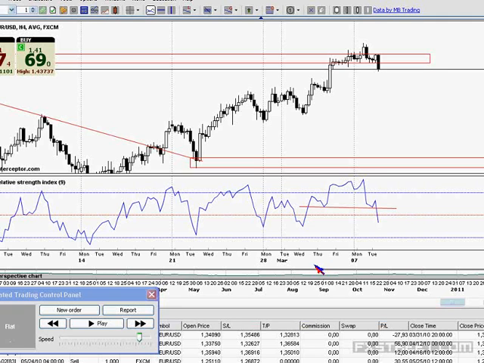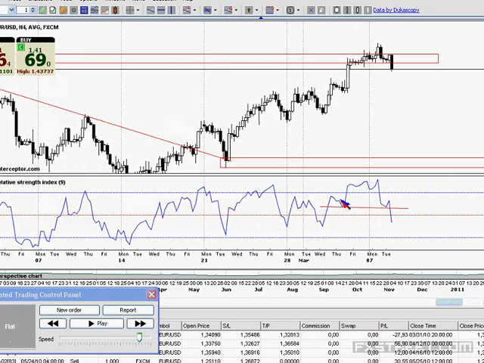approach, but more a simulation of a discretionary approach with a combination of three arguments, I may use this head and shoulders shaped line in the RSI together with the signal, which is the breach of the 50 line, together with this candlestick.